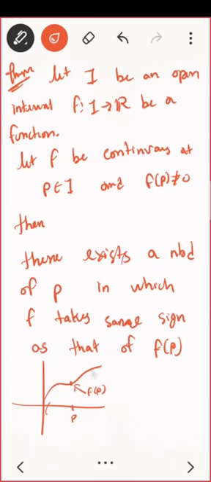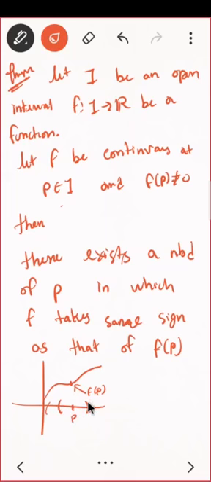Complete this. I am giving you a continuous function on the interval I, and p belongs to I, and f of p is non-zero. In particular I am taking f of p positive. So what this is saying is that there exists a neighborhood of p. Neighborhood of p means you need an interval, something like this.